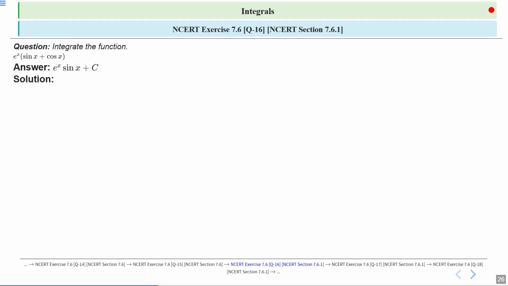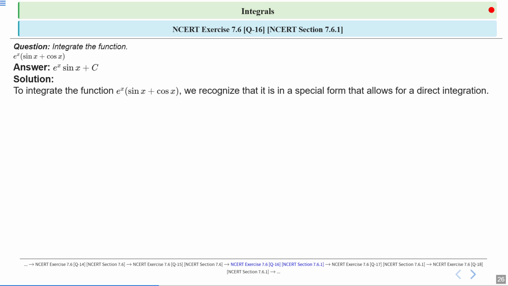So the answer is e^x sin x plus c. When we have to integrate e^x (sin x plus cos x), we recognize it as a special form, and we can directly integrate it by using that special form. So what is the special form?